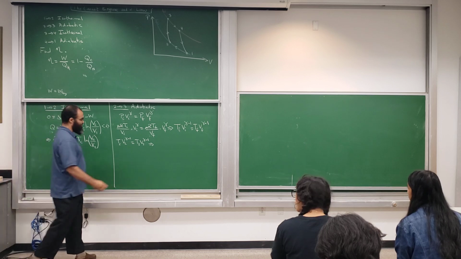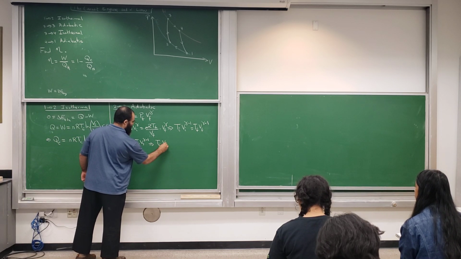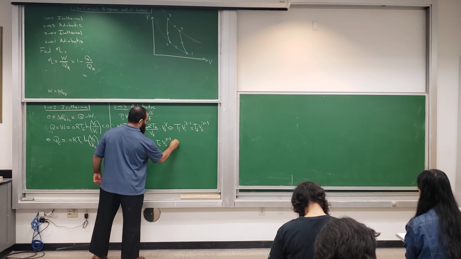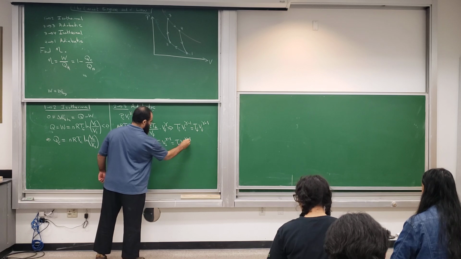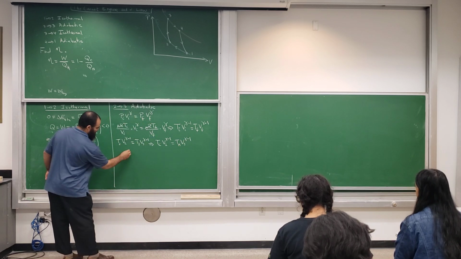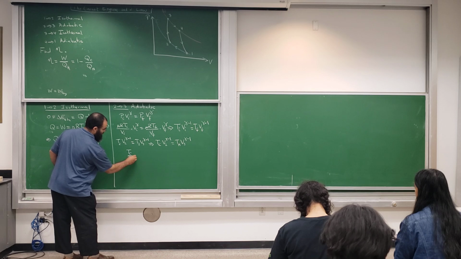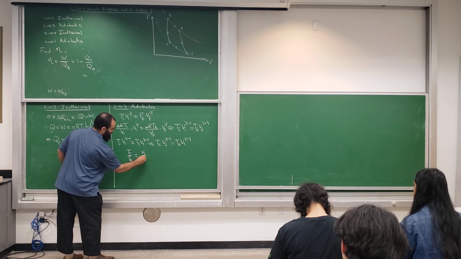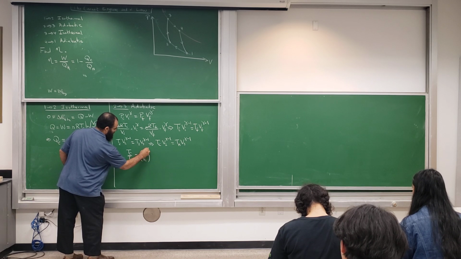TC, right? So TC V2 to the gamma minus 1 equals TH V3 to the gamma minus 1. And we'll write this as follows: TC over TH is equal to V3 over V2 to the gamma minus 1.